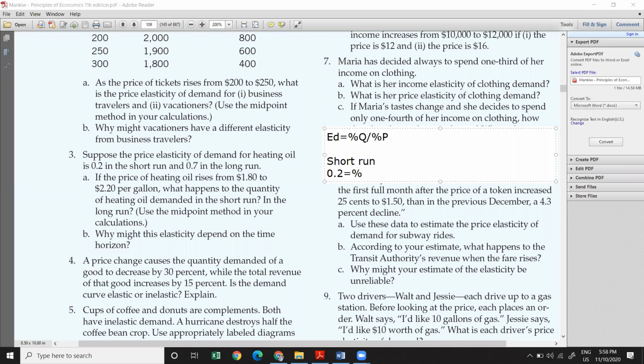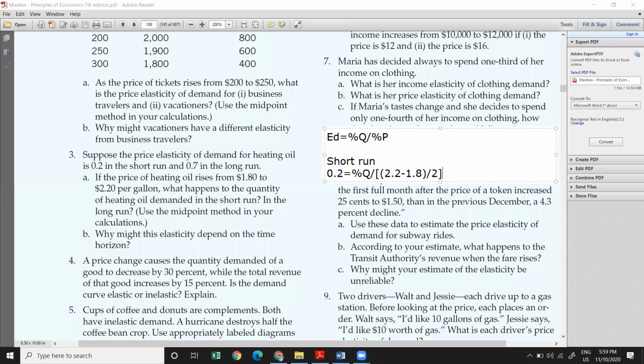This is what we need to find: what will happen to the quantity if the price increases from 1.8 to 2.2, so 2.2 minus 1.8, all divided by 2.